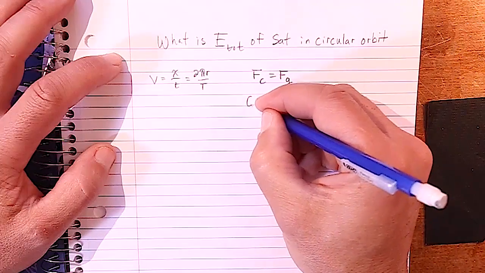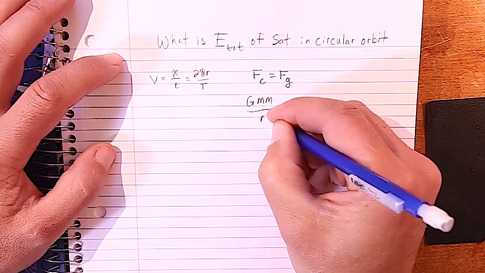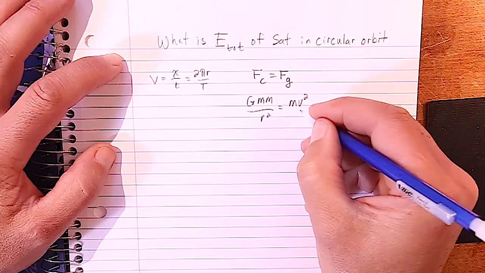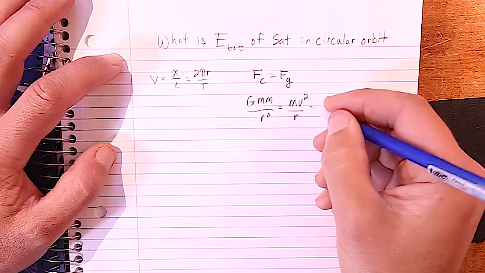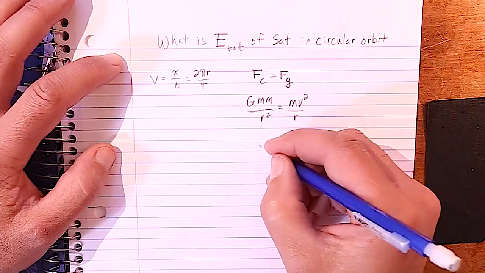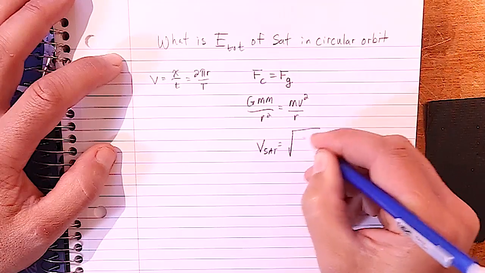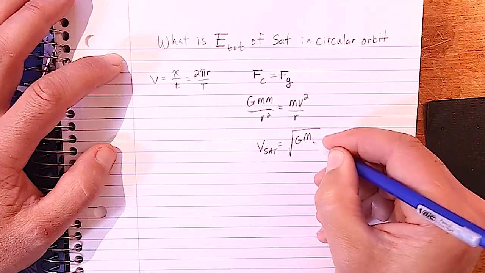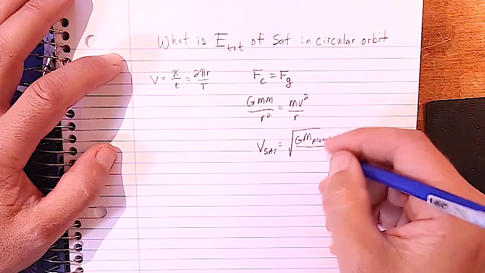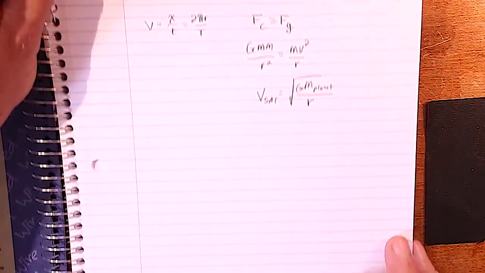That gives us G m1 over r squared, flipping it, is equal to our centripetal force m v squared over r. Then cross-multiplying, we can solve for v, so that the v of the satellite is equal to the square root of G M of the planet, or it could be the sun, depending on what the object is rotating around, over the distance away.